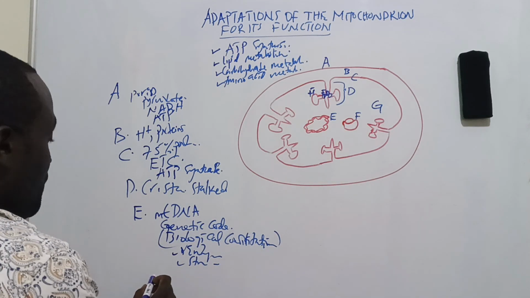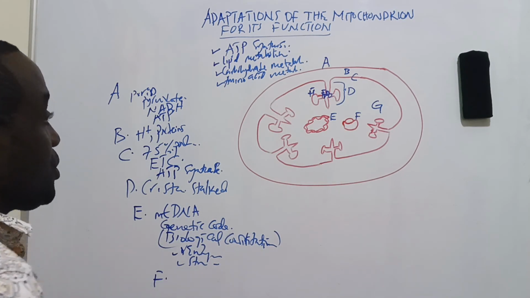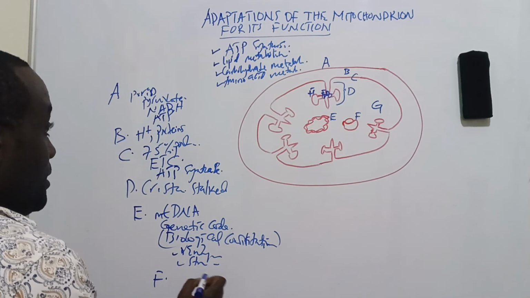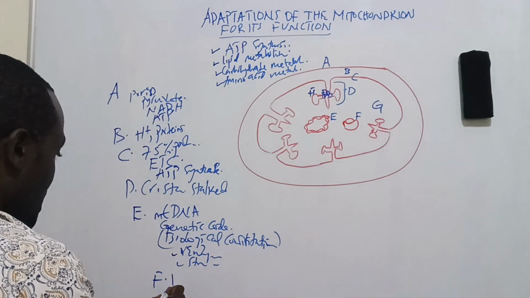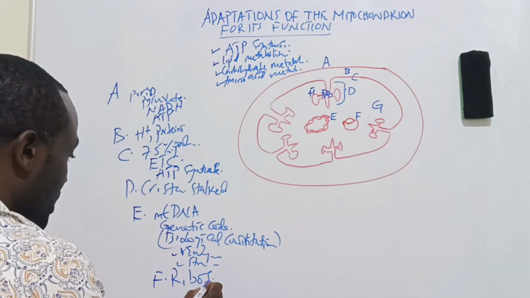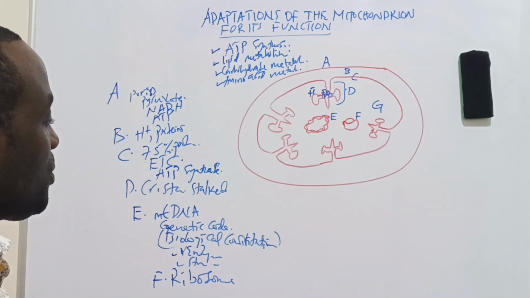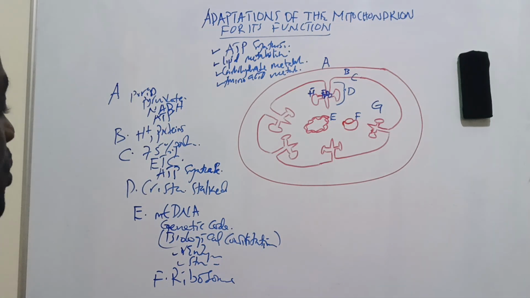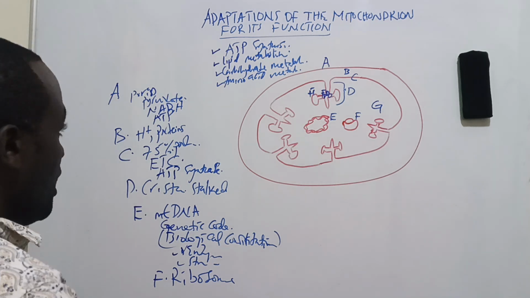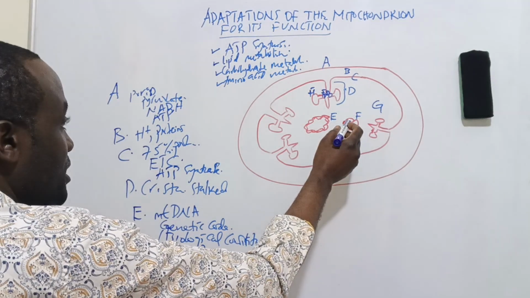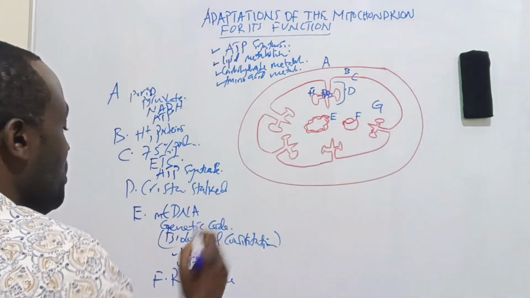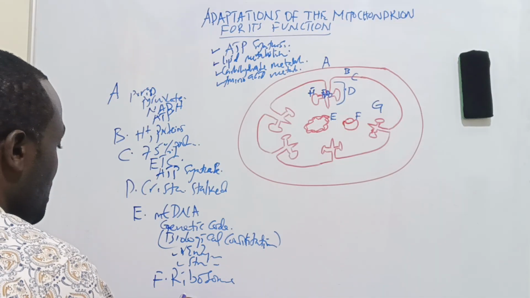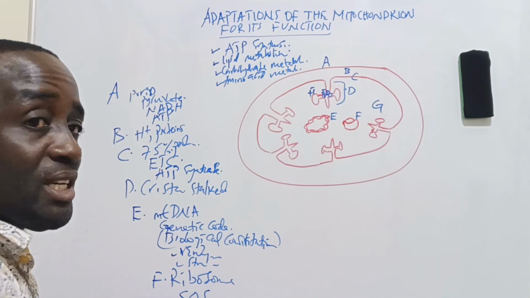Now, part F you see there is the ribosome. There are many; I've just given one. This ribosome is made up of the small subunit and the large subunit. The large subunit is 50S, Svedberg's constant.